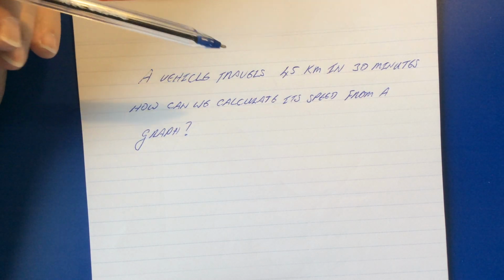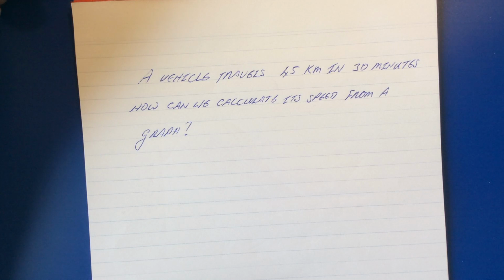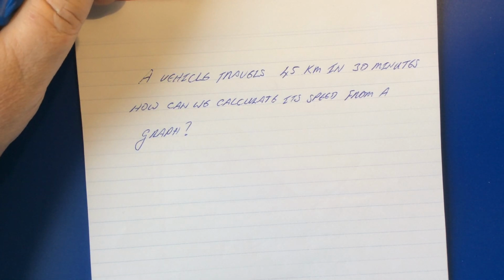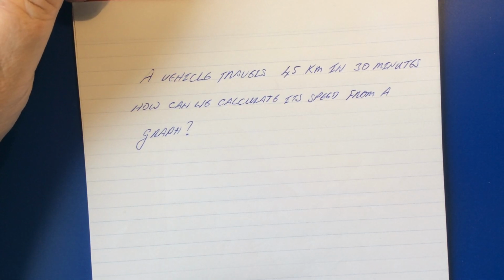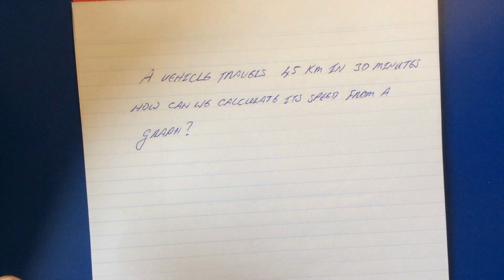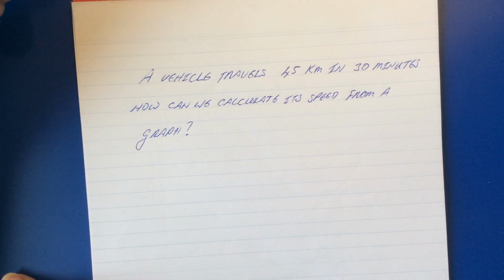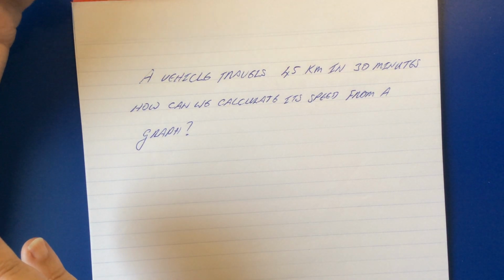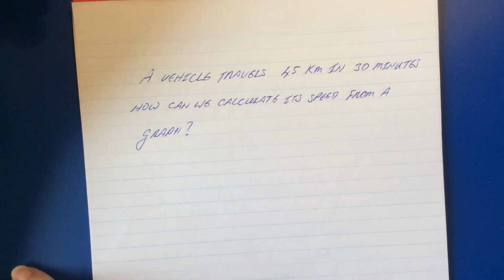Now, those of you who do physics or a modicum of general science will know that there's a relationship between distance, time, and speed or velocity, and that we can formulate an equation to solve this.